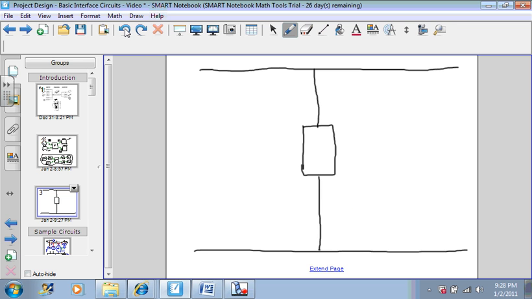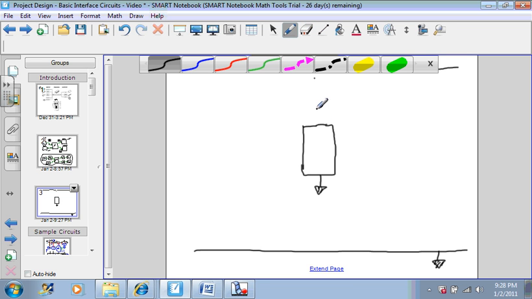Another option could be I just draw it as a ground symbol and make sure this is a ground symbol. And I could also not draw it like this. I could simply draw a dot and just call that VDD.